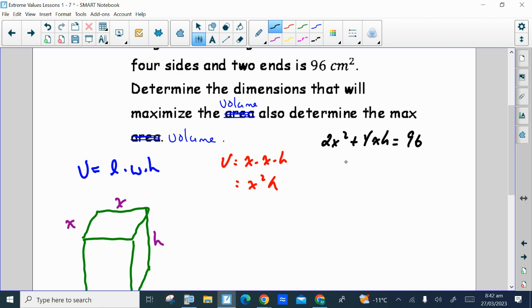We can get h by itself. I'd start by subtracting the 2x squared from both sides, and then dividing everything by 4x.